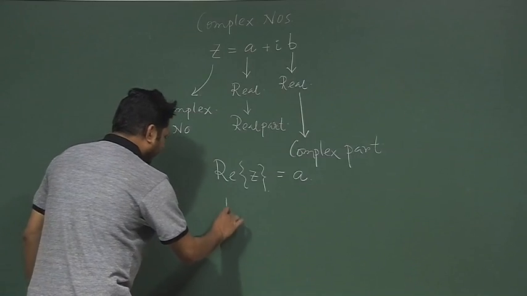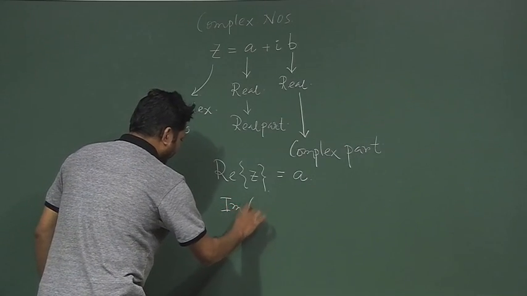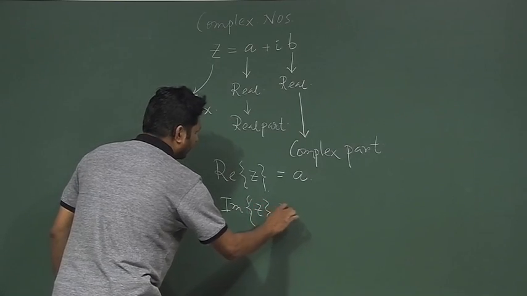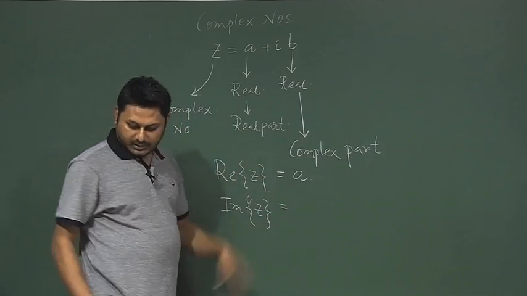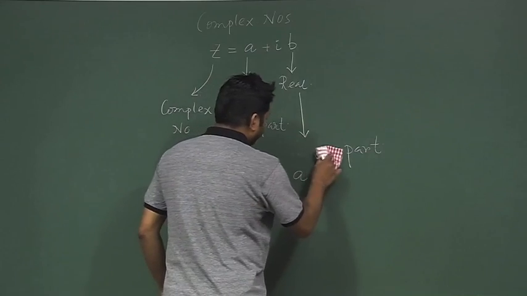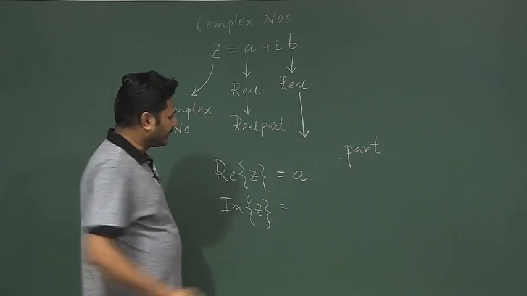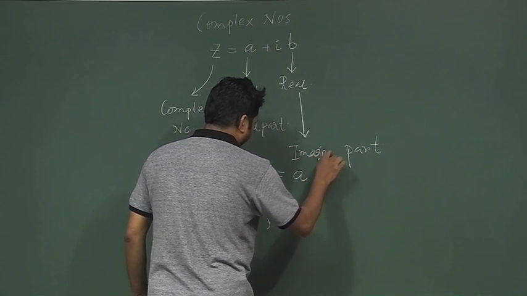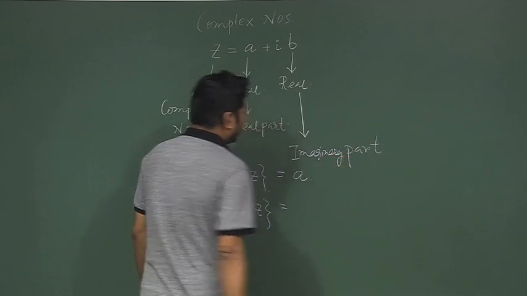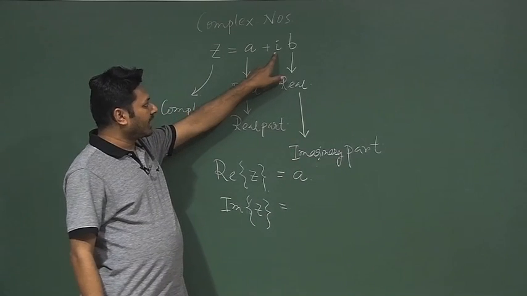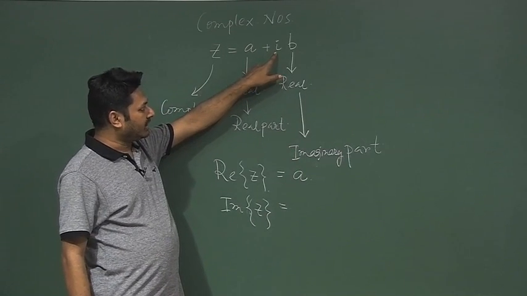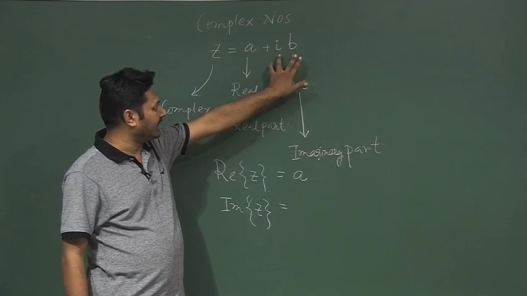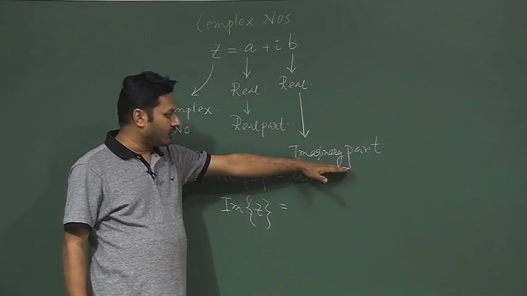In a similar way, if I write the imaginary part of z, it is better to write imaginary part, not complex part, because this part is multiplied by i and is entirely an imaginary thing. So, I call it imaginary.